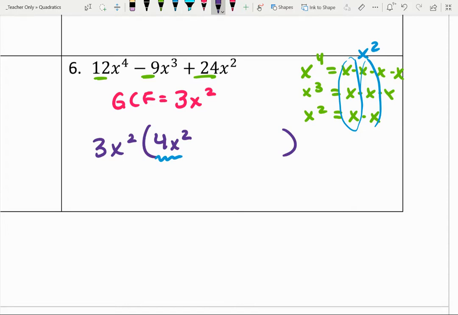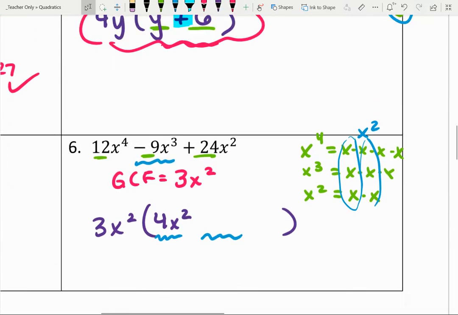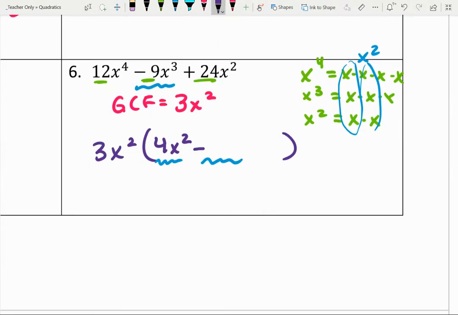Okay, 3x squared times what will make negative 9x cubed? Well, I need a negative 3x to get my negative 9 and my x to the 3rd. And then the last piece here, 3x squared, yikes, times what makes 24x squared? That would be a positive 8.